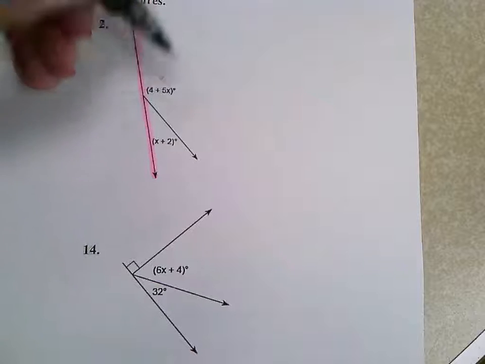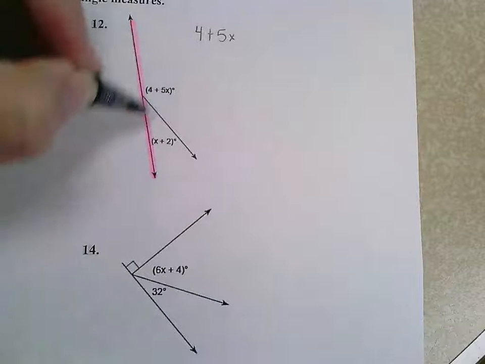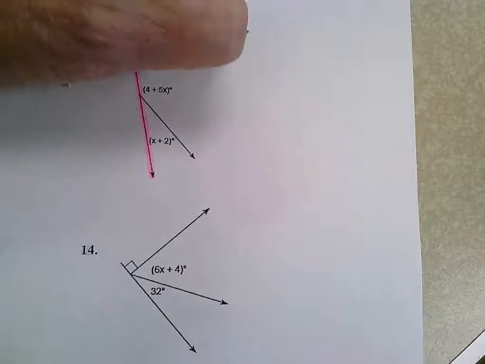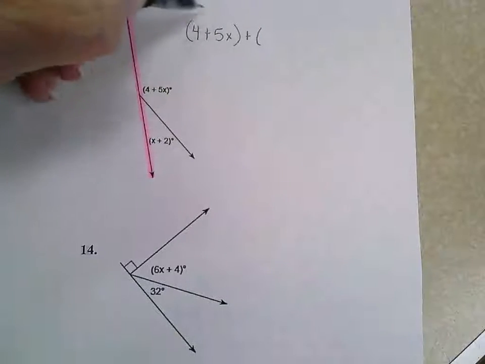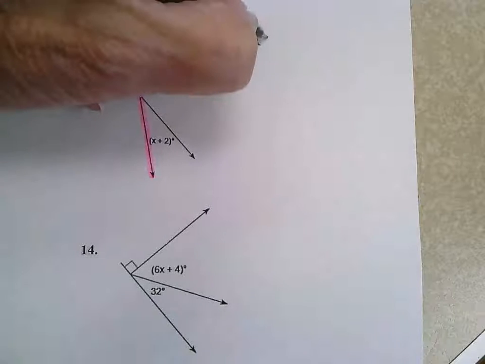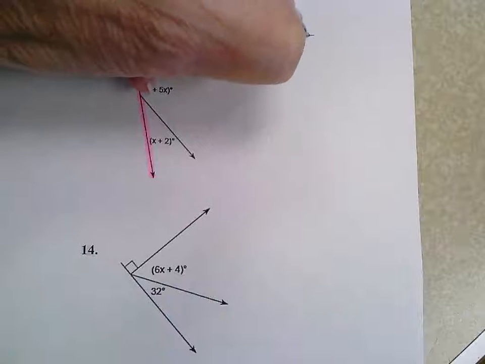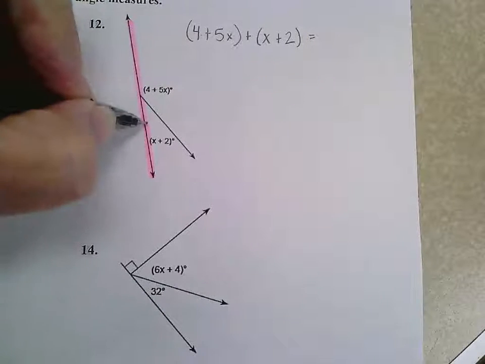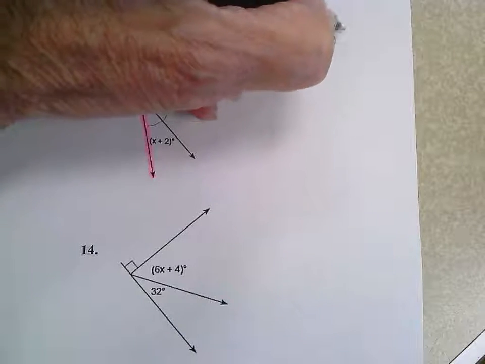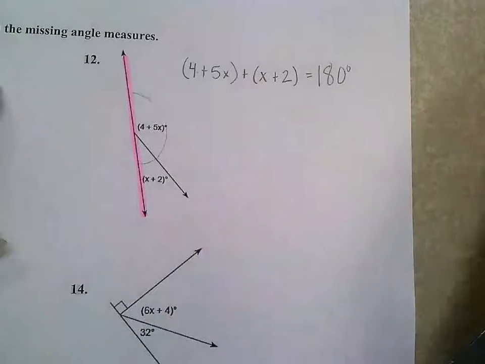So we're going to take the expressions 4 plus 5x and add the other expression. These are just grouping symbols to show that this is a representation of one angle measure, and this is the representation of the other angle measure. And we're going to set that all equal to 180 because when I add them together, by definition, that's what they should add up to.